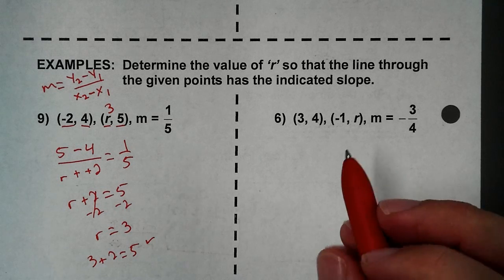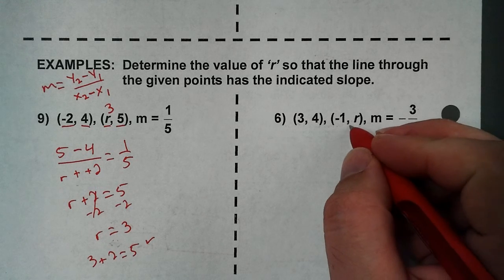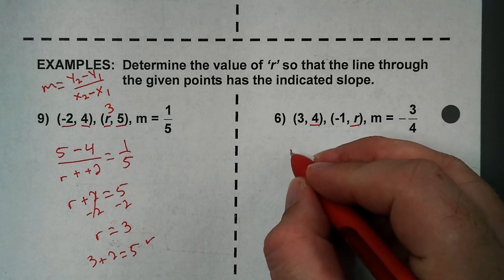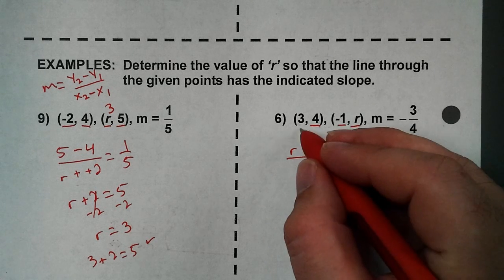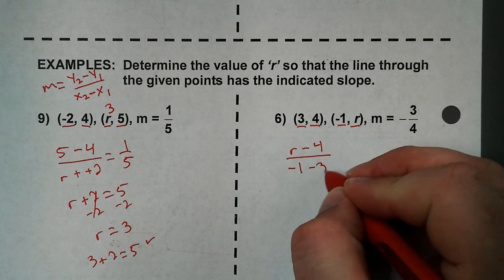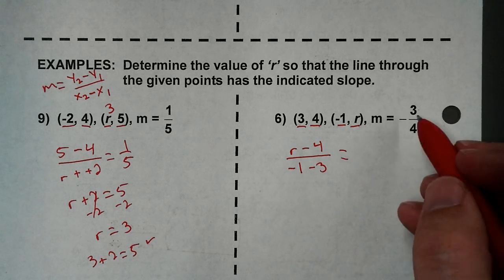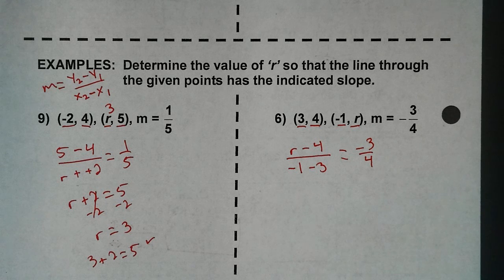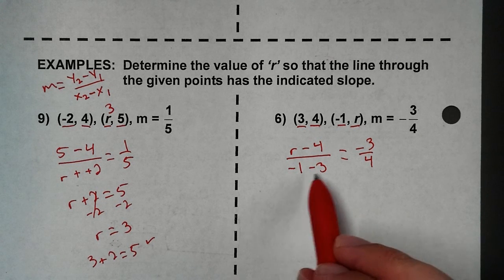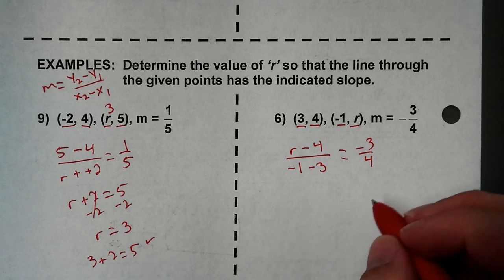Okay, setting this one up in our formula. y2 minus y1, so r minus 4, over x2 minus x1, negative 1 minus 3. Well, I know the slope should equal negative 3 over 4. Now, negative 1 minus 3 is negative 4.